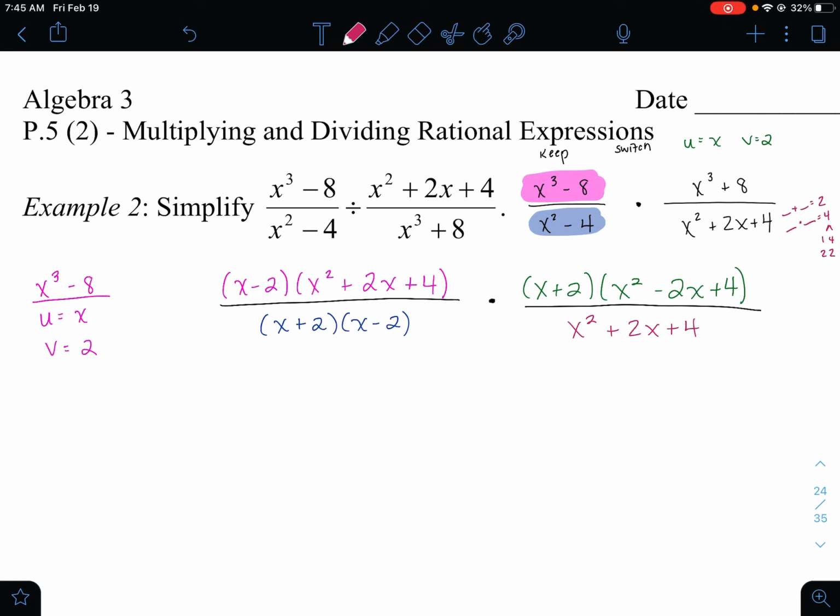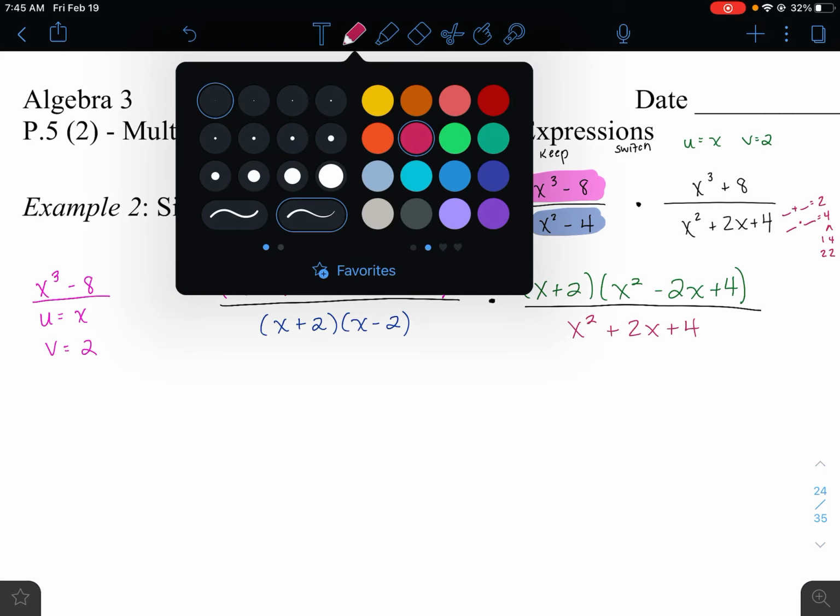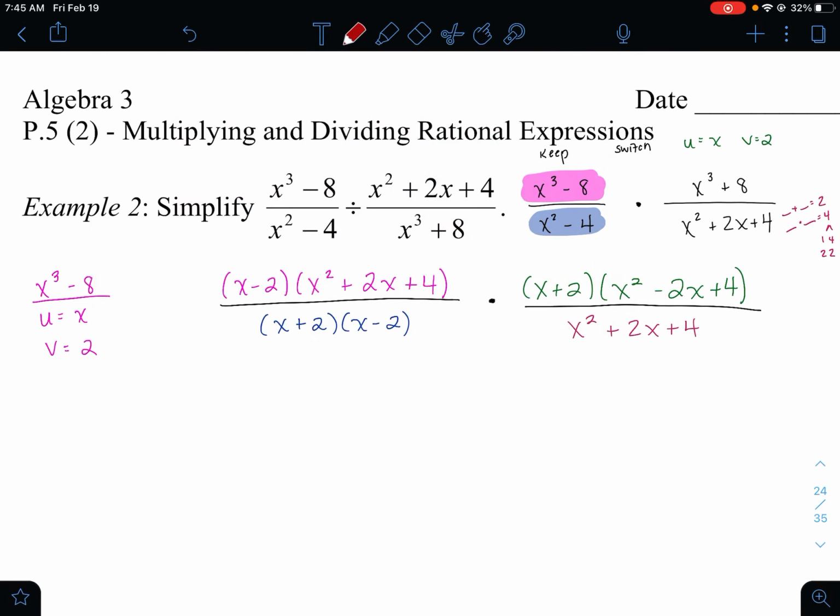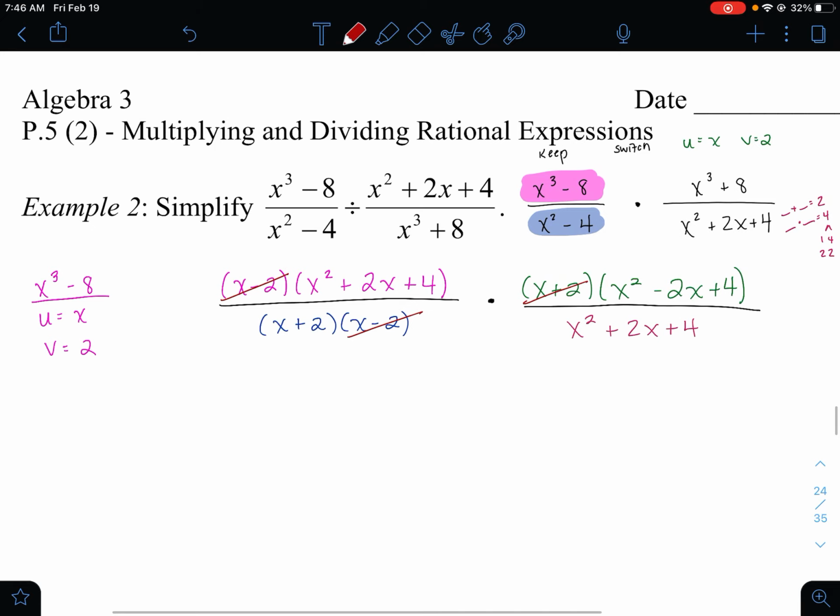Okay. So now that everything is completely factored, let's go through and see what can cancel. Oh, here's an x minus 2 and x minus 2. X plus 2, x plus 2. Look at this whole thing. Those two are exactly the same, so they're going to cancel that whole big trinomial. Now remember that trinomial is unfactorable.